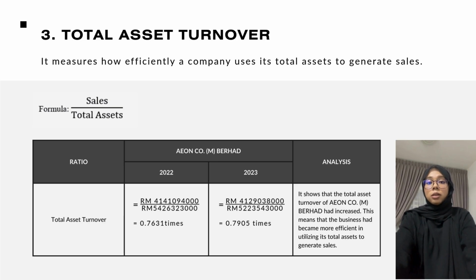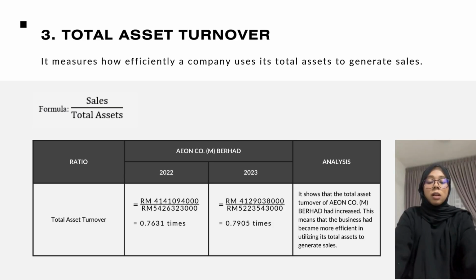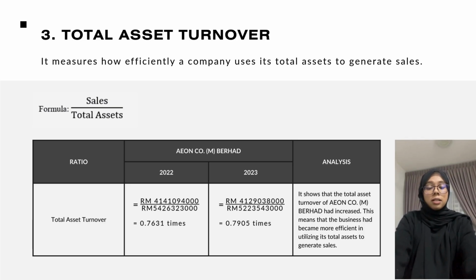So for 2022, total asset turnover is 0.7631 times, and for 2023, it is 0.7905 times.